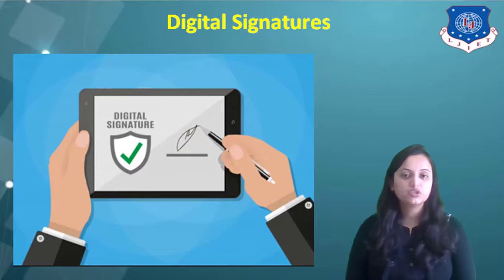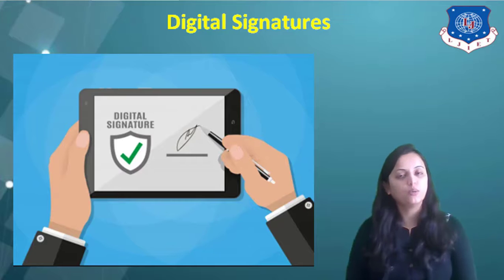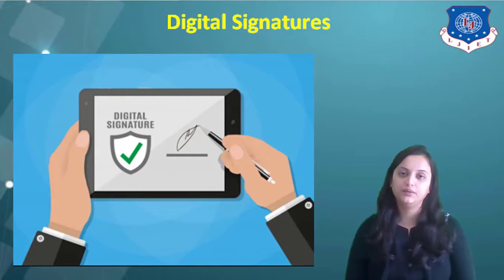So, in subsequent revision, the point is that digital signatures are useful when some conditions are satisfied, and after that it is very convenient to sign documents digitally rather than physically.